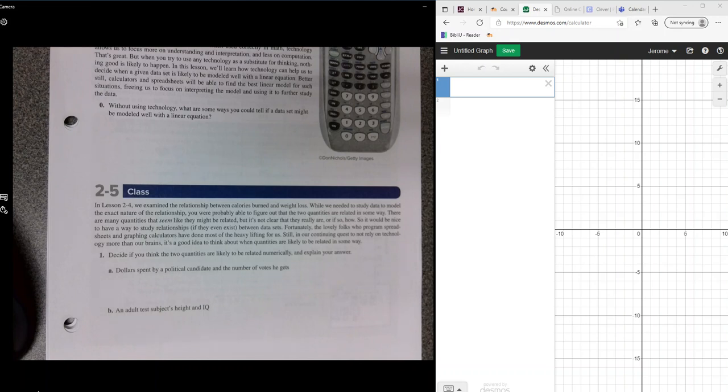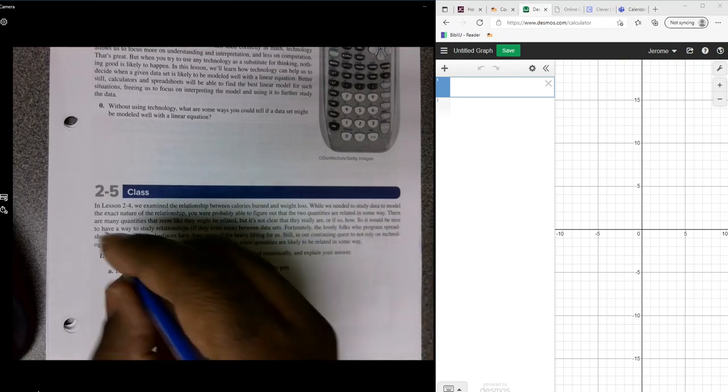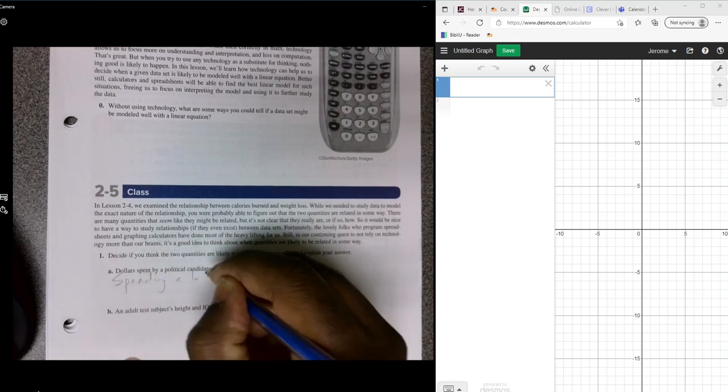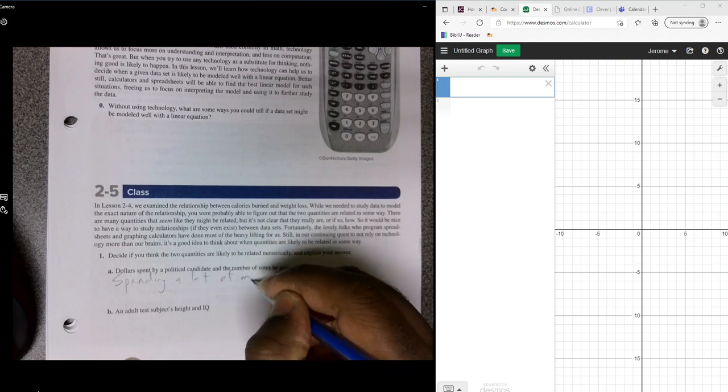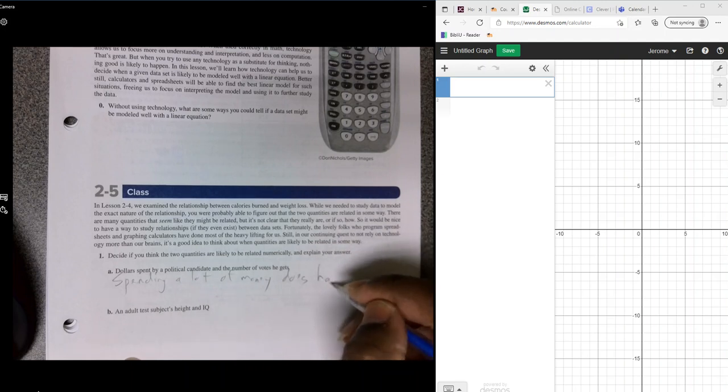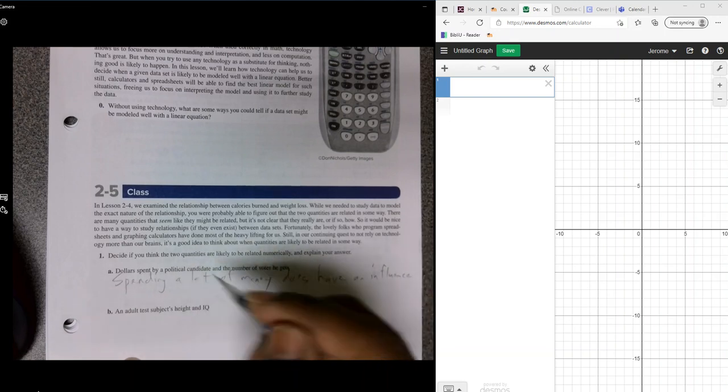Number one, decide if you think the two quantities are likely to be related numerically and explain your answer. Okay, A. It says dollars spent by a political candidate and the number of votes he gets. Okay, now basically spending a lot of money does have an influence on the number of votes.